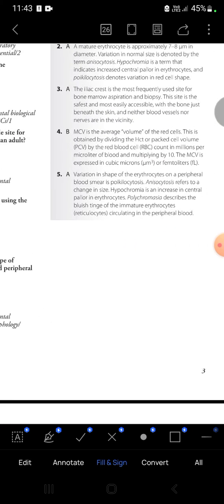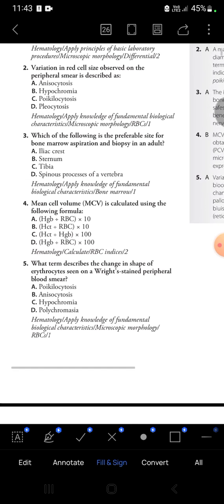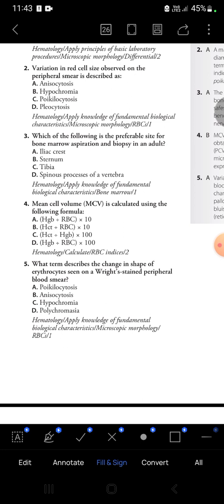The iliac crest is the most frequently used site for bone marrow aspiration and biopsy. This site is the safest and the most easily accessible, as the bone is just beneath the skin. Neither blood vessels nor nerves are in the vicinity.